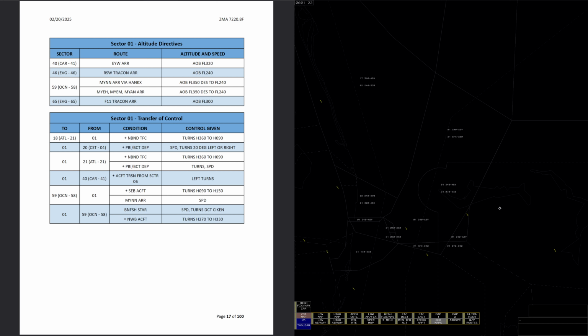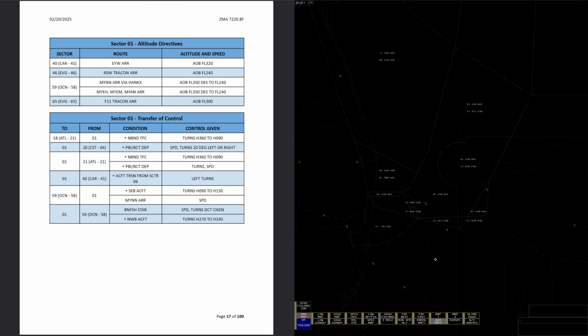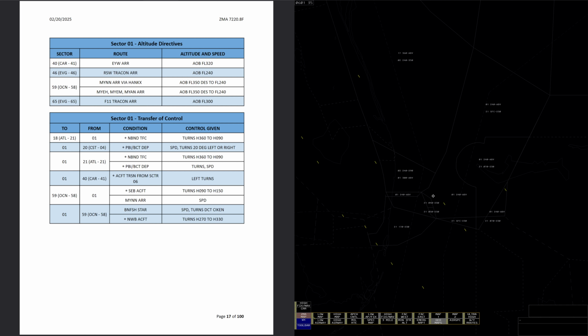So, in transitioning aircraft in Sector 1, Key West arrivals to Sector 40, going southbound, must be descended to flight level 320. Fort Myers TRACON arrivals to Sector 46, going westbound, must be descended at or below flight level 240 by the common boundary.